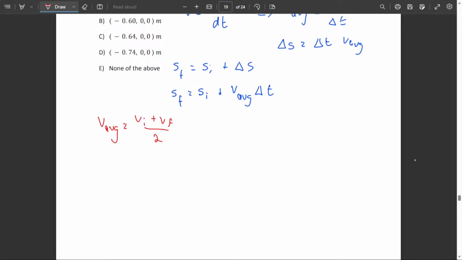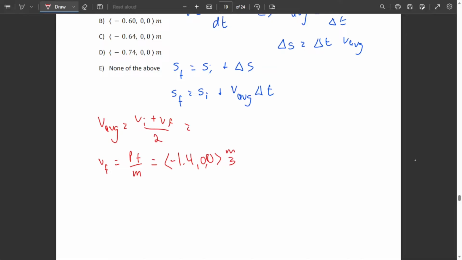V of F is going to equal P of F over M, which is minus 7 over 2, or minus 1.4 meters per second.